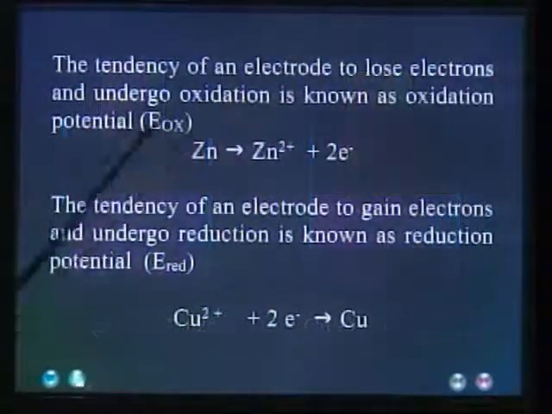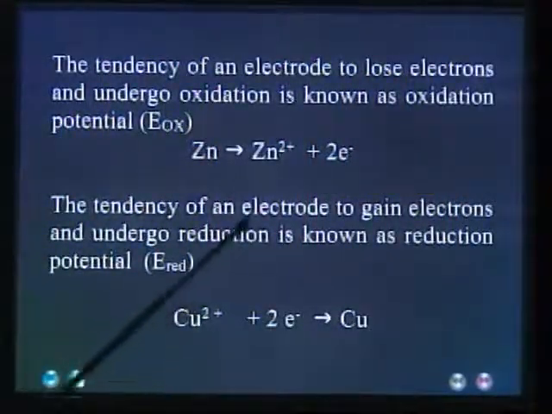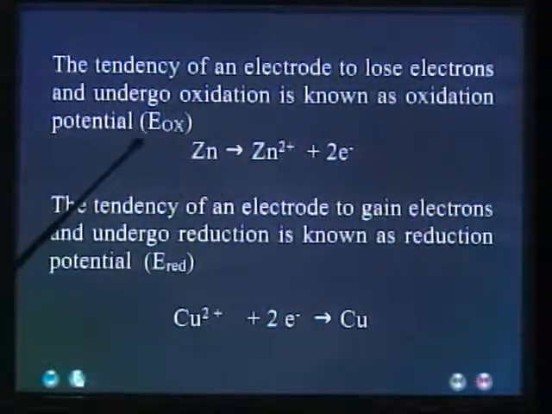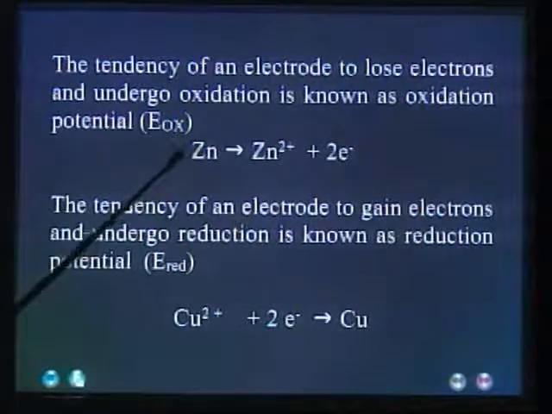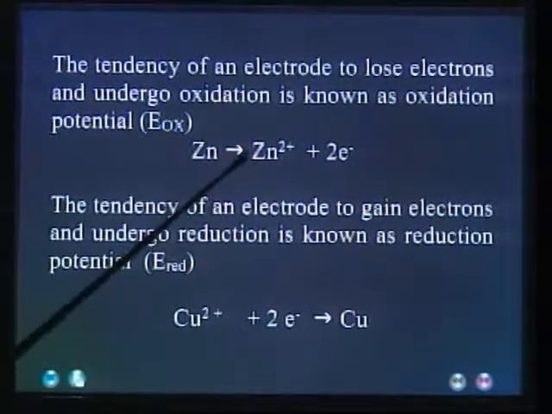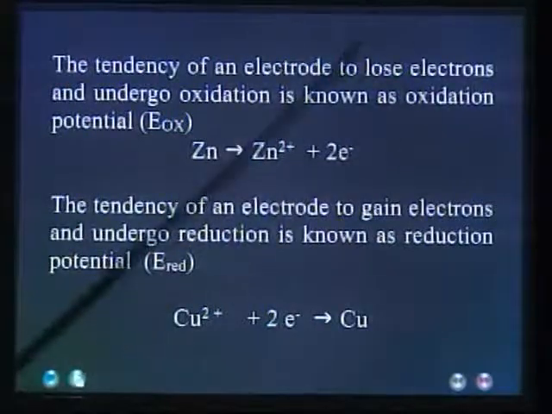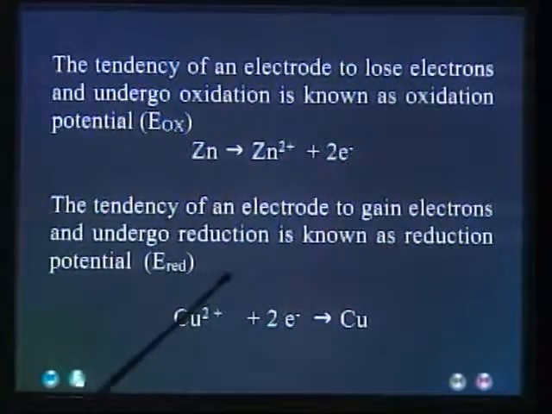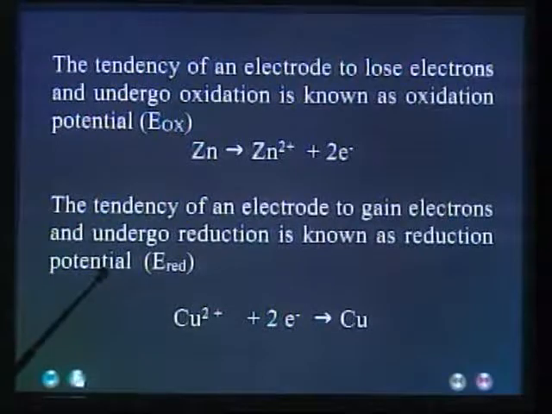The tendency of an electrode to lose electrons and undergo oxidation is known as oxidation potential. The reaction can be shown as zinc gives rise to zinc 2 plus plus 2 electrons in the case of the zinc electrode. Similarly, the tendency of an electrode to gain electrons and undergo reduction is known as reduction potential.